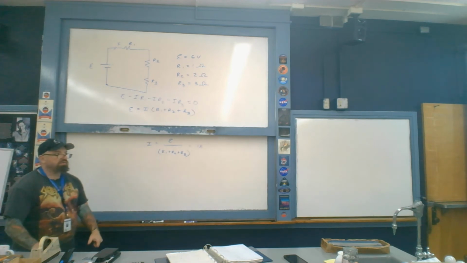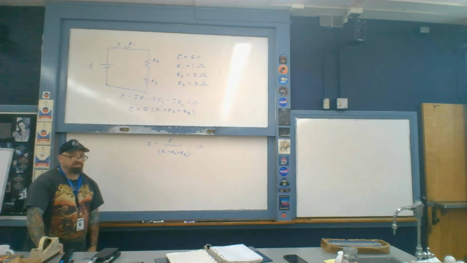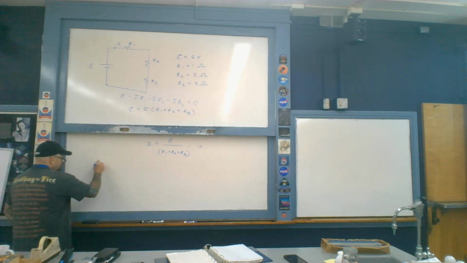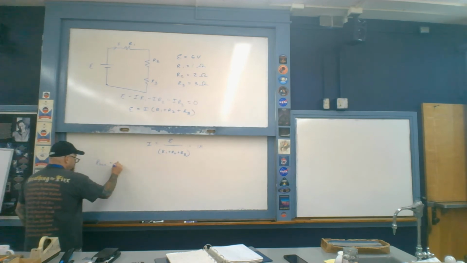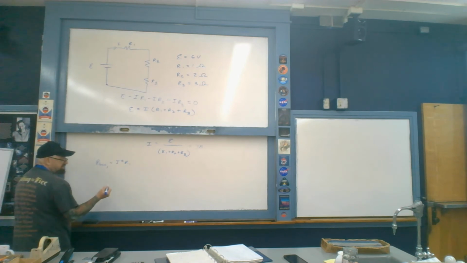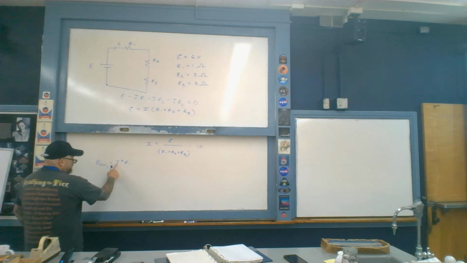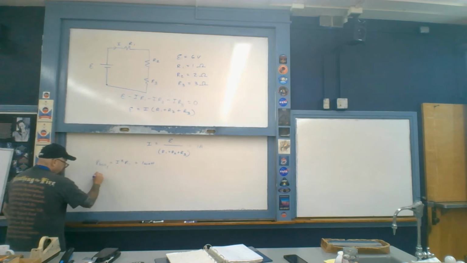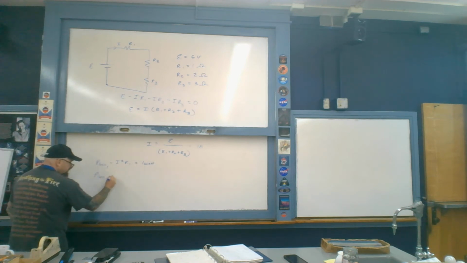And then the rate of heat loss in each resistor. This is the P loss calculation, as we'll refer to it. So P loss is going to be I squared R1 for the first resistor. So 1 squared multiplied by 1 ohm is just 1 watt. And then P loss 2, we'll call it, for the second resistor.